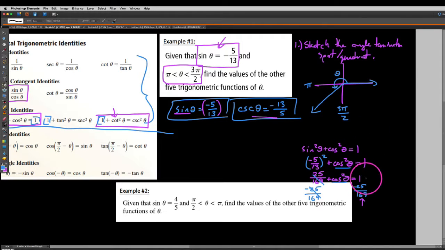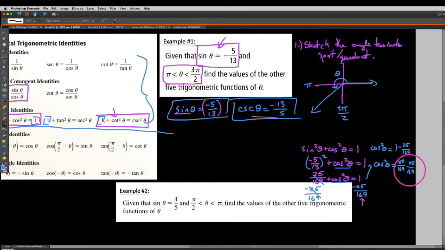So what we end up with is cosine squared of theta on the left-hand side. On the right side, we have 1 minus 25/169, which means that our cosine squared is really 169/169 minus 25/169.